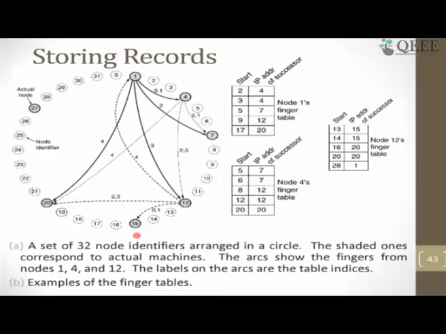Now you go to the finger table of 15, so construct it. 15 plus 2 to the power 0 is 16, and 16 is 20.